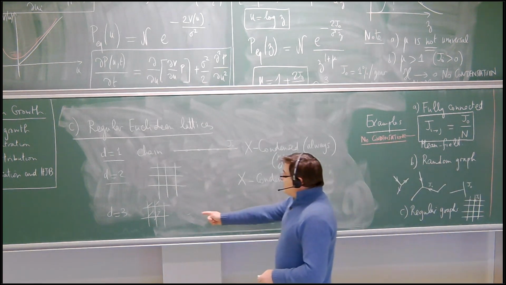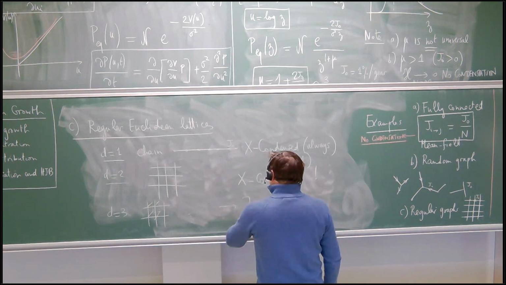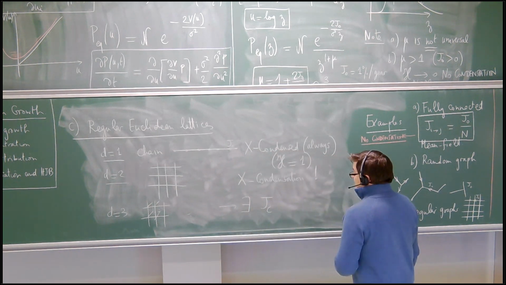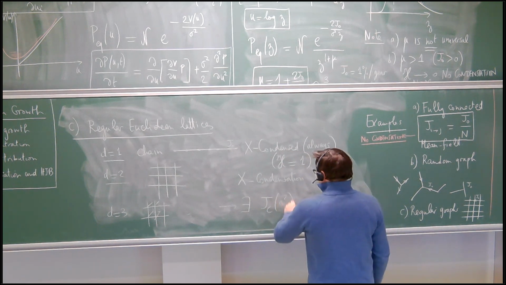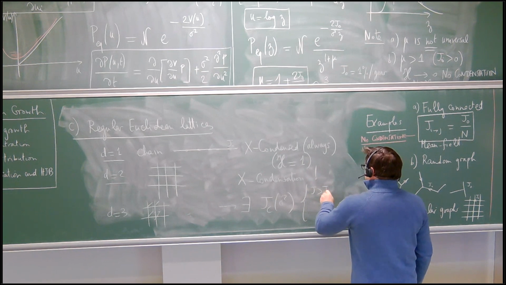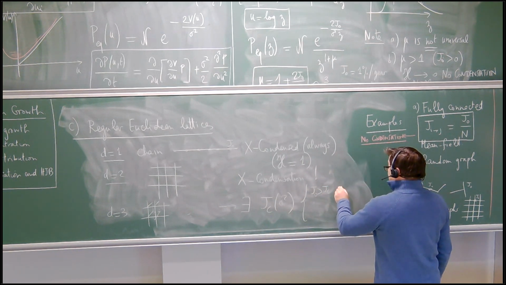But for d equals 3, things change. For d equals 3, there exists a critical value Jc, for a given sigma squared, such that for J0 greater than Jc, you're not condensed.